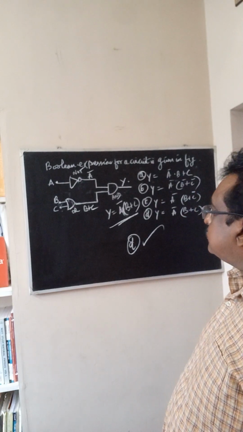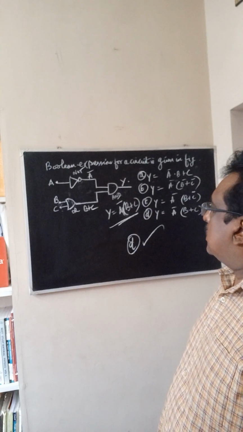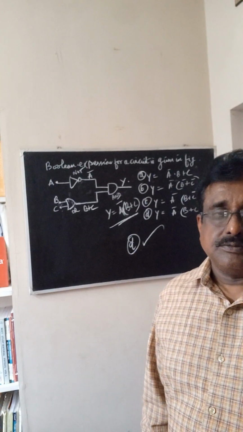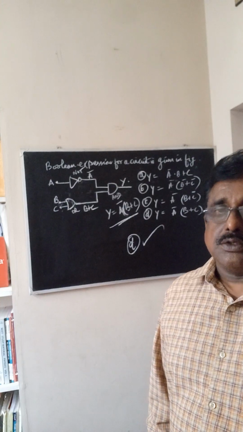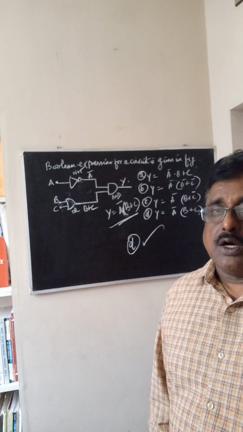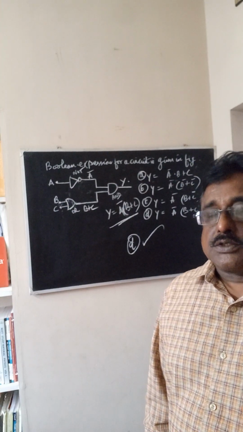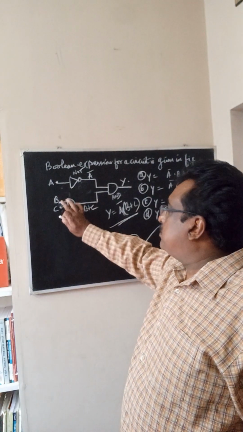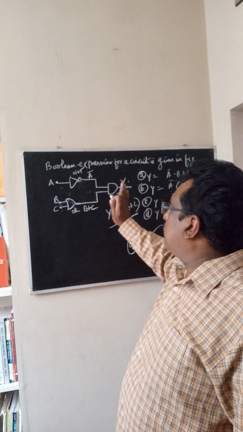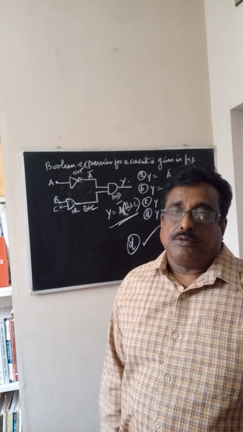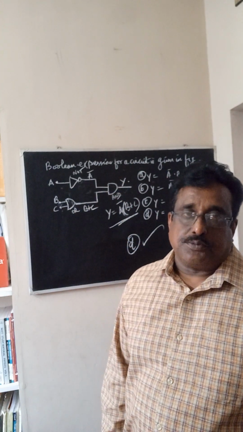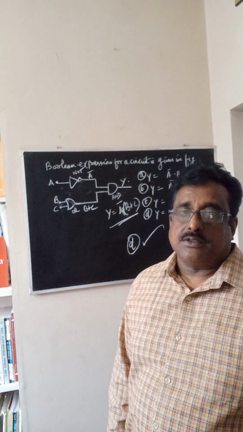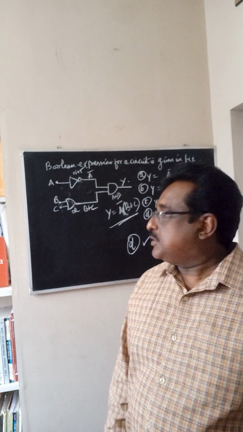Sometimes they may give you the input and output. Instead of giving a Boolean algebra, they may give you highs and lows, and they will ask you to find the output. Suppose if they are asking like that, how will you find out?